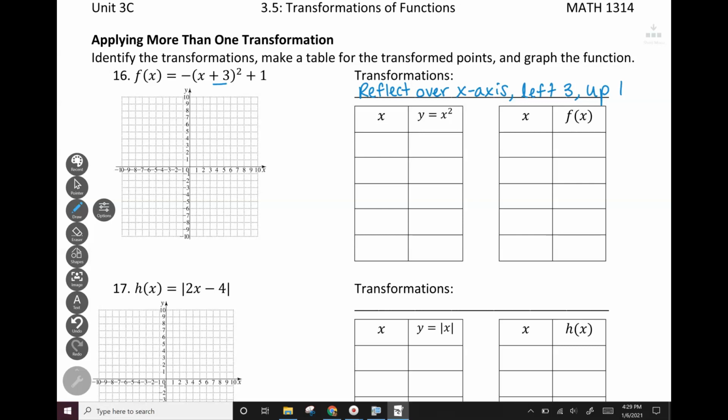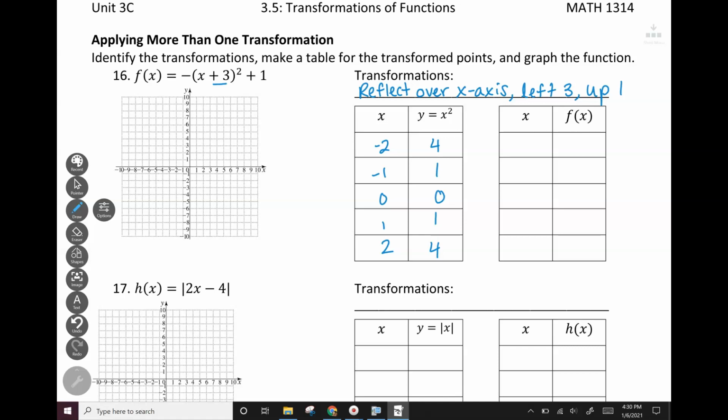So I have these tables here for us. Let's write out the points for the parent function for quadratic, and then we'll get our transformed function. So parent function is going to have these points. The y value is just the square of the x value. All right, so now to transform it, what do we need to do?